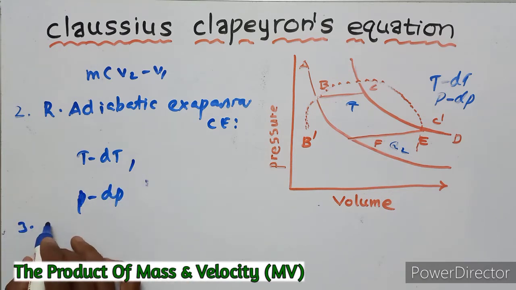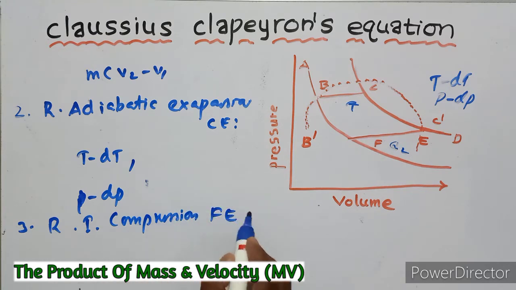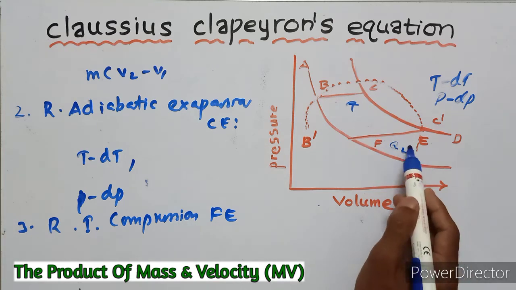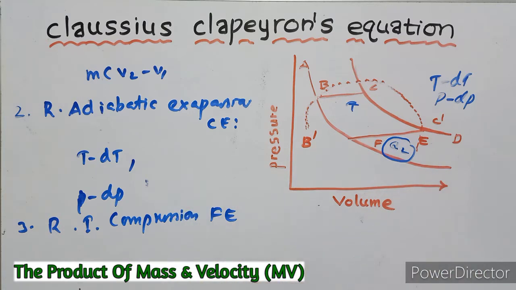Our third one is the reversible isothermal compression, that is FE. In this case, the vapor rejects heat Q2 at temperature T minus dt and gets converted into liquid.